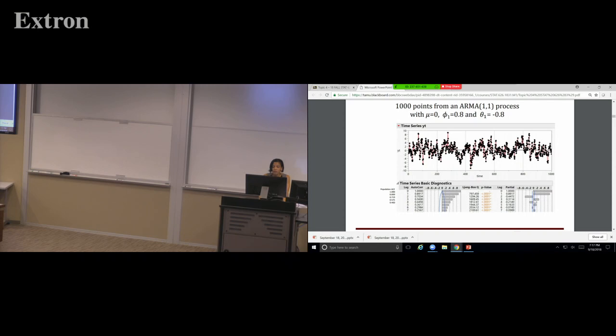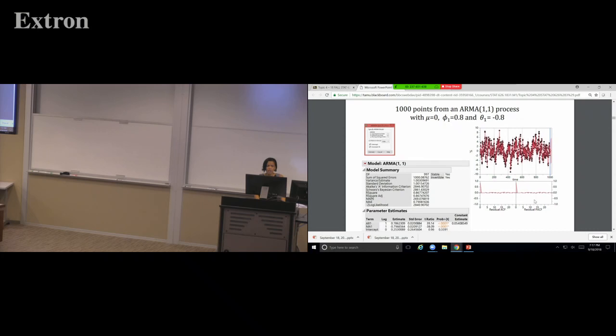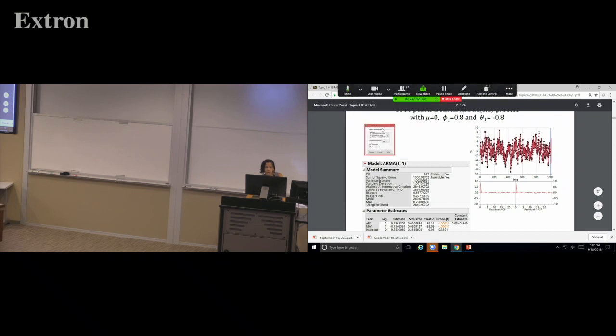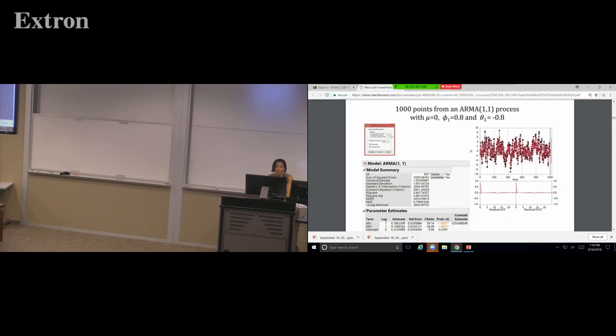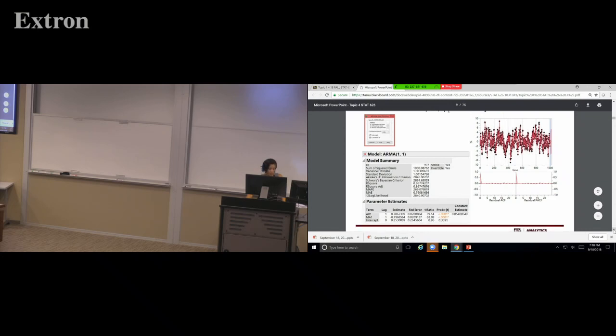Once we have our simulated data, what we've done in the past and what we'll do here is try to model it with an ARMA 1-1. Using the ARIMA specification little box and filling in P, autoregressive order of 1, and Q, the moving average order of 1, and then estimating, these are the results you end up with.